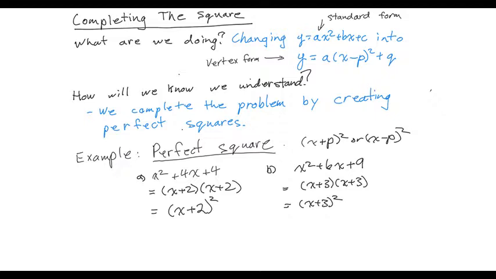There are hints and tricks that you can use to find out if something is a perfect square, but we don't have to do that in this course. All we have to do is create them. Today's lesson is all about creating perfect squares like these in our equations in standard form, and by doing so, that will help us create the vertex form that we were trying to get.